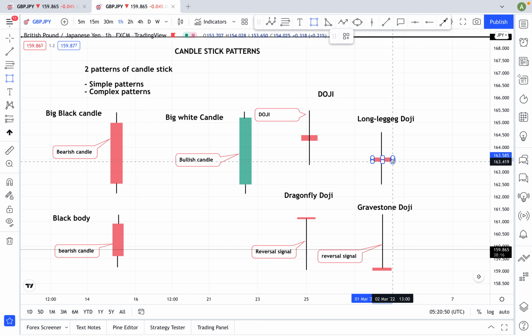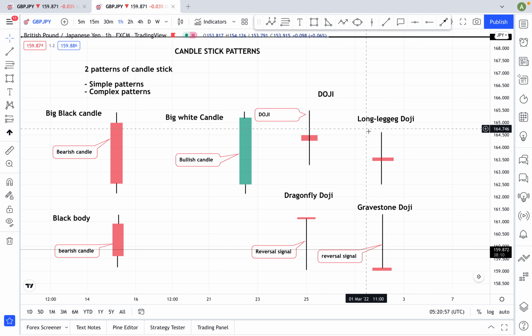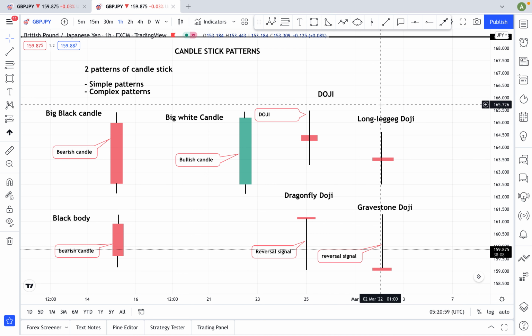So when you see something like this, it's a very strong balance in both the buying and the selling, because pressure is coming from up, the market bought up, sellers sold it down till here, and then buyers bought it again.